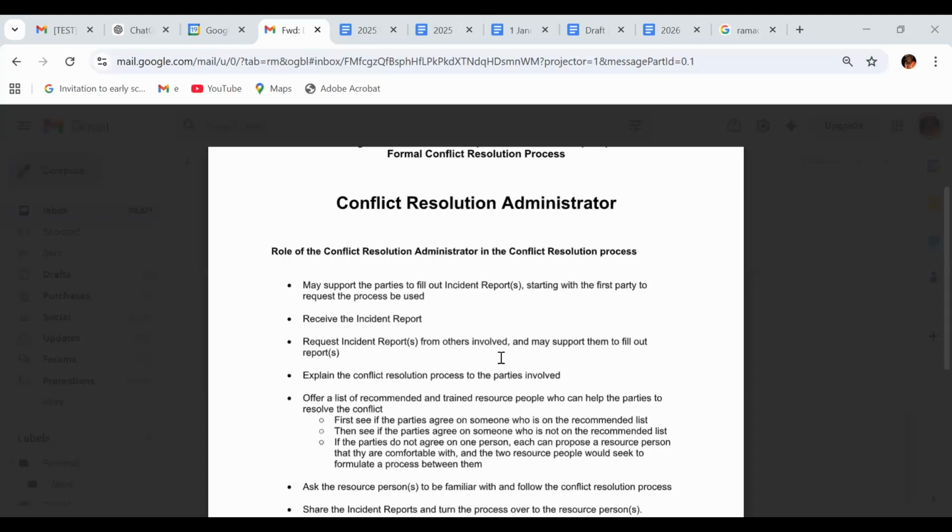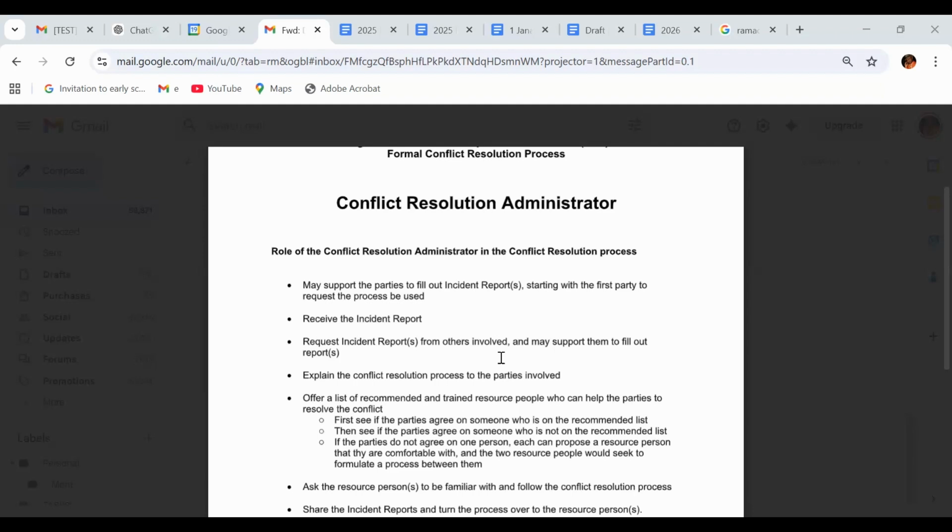So this is what the conflict administrator does within the whole process. They basically receive from people in writing their concerns and their estimation of who's involved in the conflict. So people will write up what they think happened, who was involved, and there are a number of other questions.